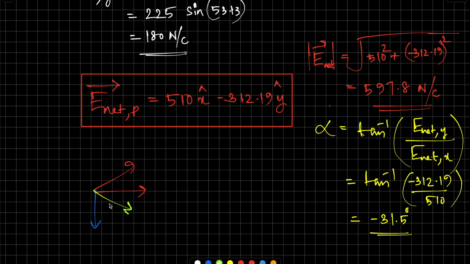It's negative, so it's pointing downwards, below the positive x-axis. So that's our final answer. The net electric field is 597.8 newton per coulomb. The direction is 31.5 degrees below the positive x-axis.